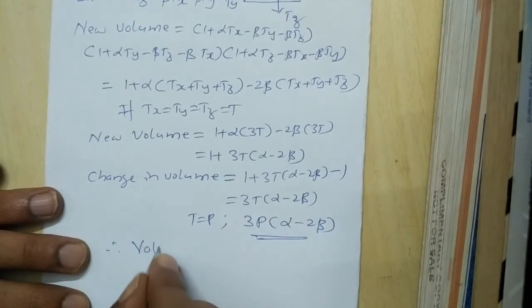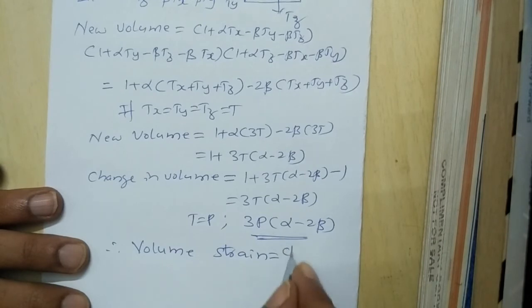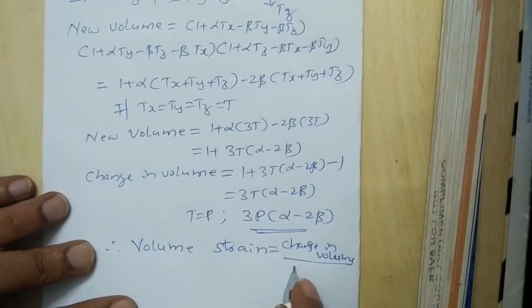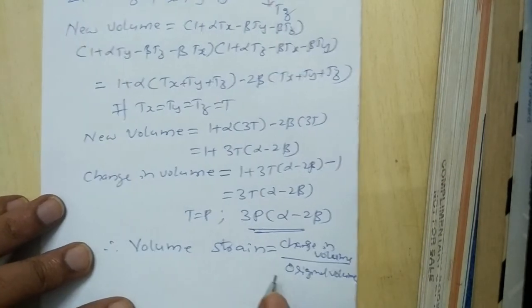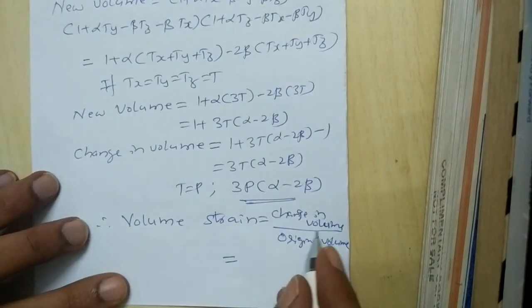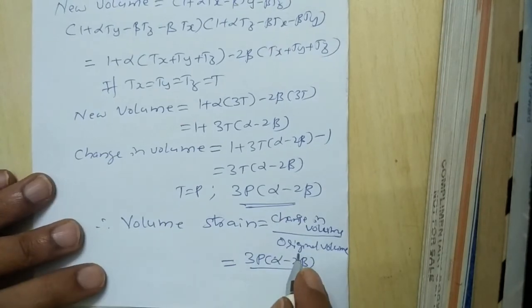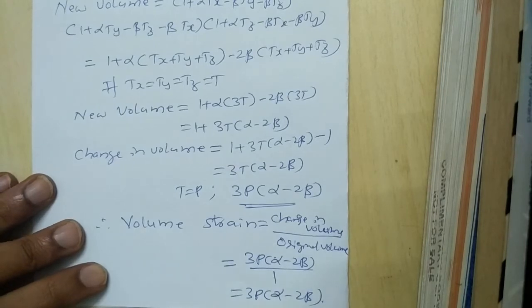Therefore, we have the volume strain, which is equal to the change in volume divided by the original volume. The change in volume is 3P into alpha minus 2 beta, divided by the original volume, which was unity, right? So that's equal to 3P into alpha minus 2 beta.